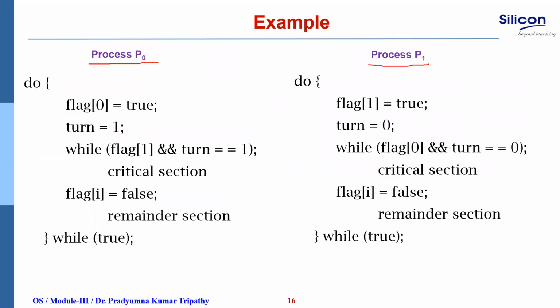Both want to enter into the critical section at the same time. Both are sharing the flag. And as I said, initially this is false and this is false. And this variable is the flag variable.